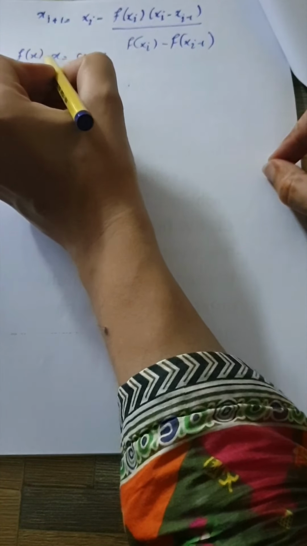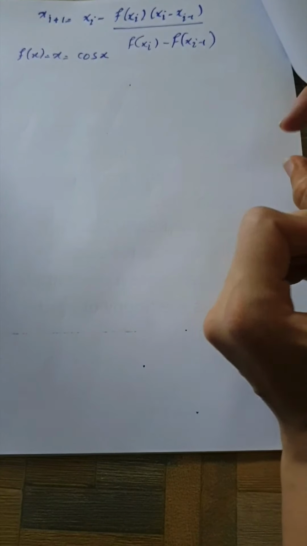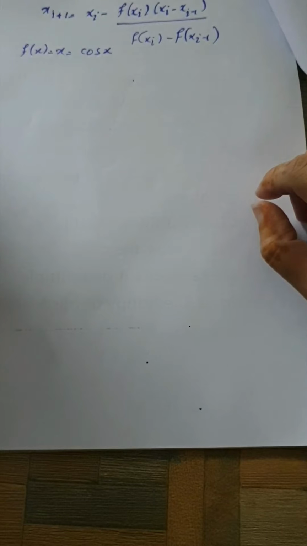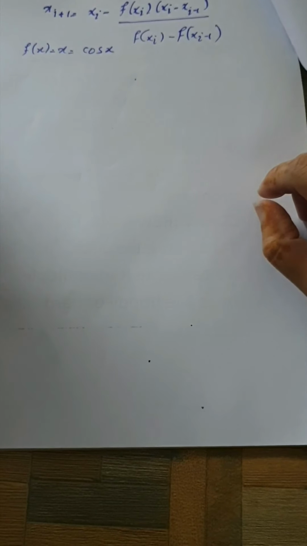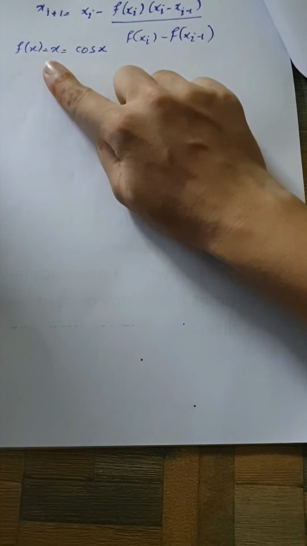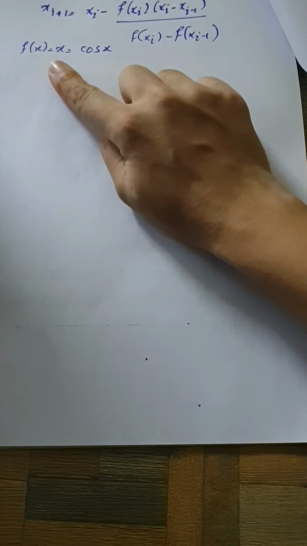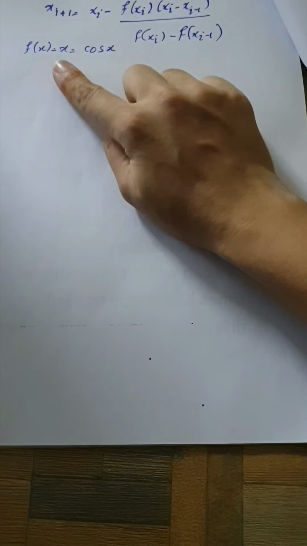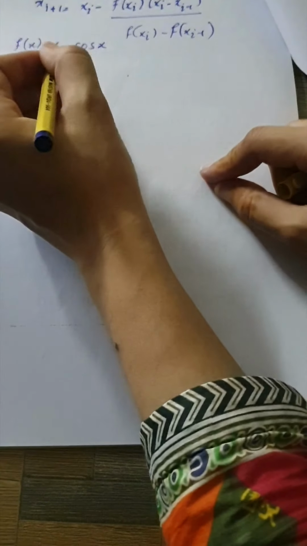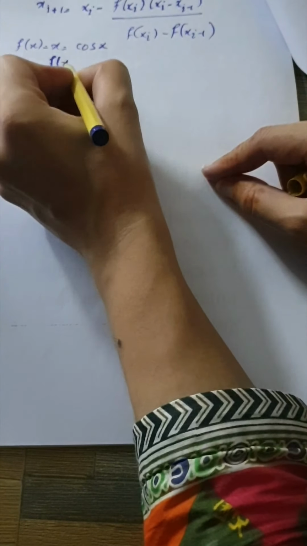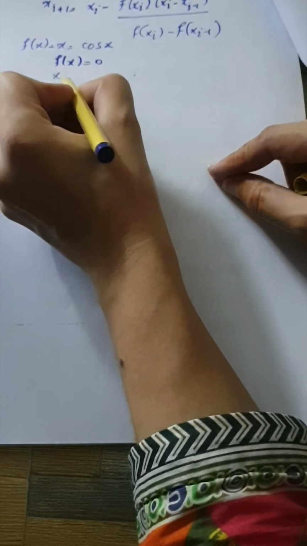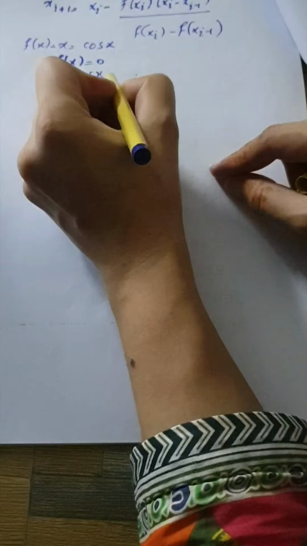This is the expression of the function f of x is equal to cos of x, and we are interested in determining that value of x at which x and cos of x both will be equal. We will start with f of x is equal to 0. So we can also write it as x minus cos of x is equal to 0.